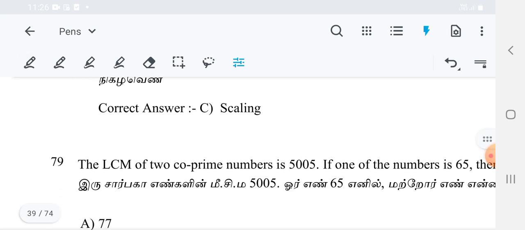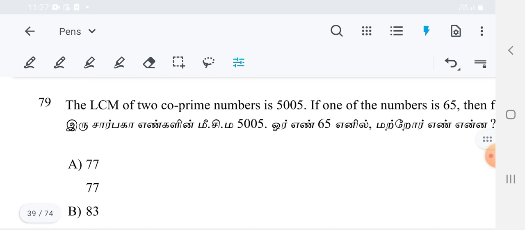Next one, the LCM of two co-prime numbers is 5005. The properties of co-prime numbers we already discussed. Co-prime numbers are numbers that have only one common factor, namely 1.